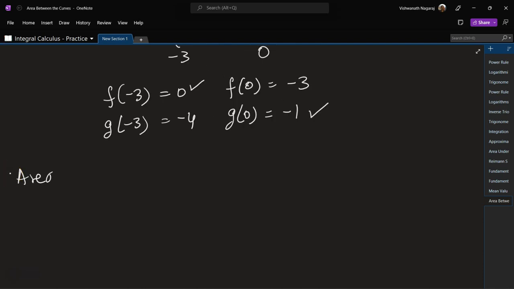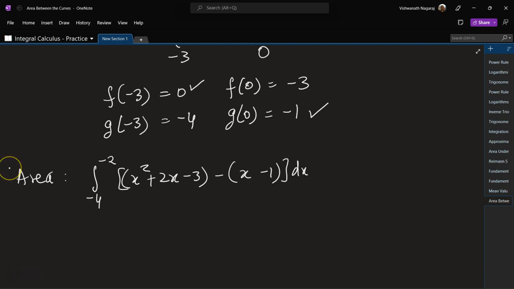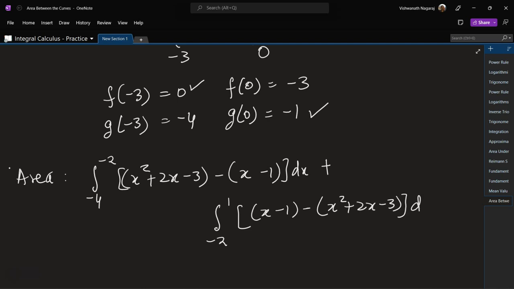So which means the area between the two curves would be integral from minus 4 to minus 2 of x square plus 2x minus 3 minus x minus 1 dx plus integral from minus 2 to 1 of x minus 1 minus x square plus 2x minus 3 dx.